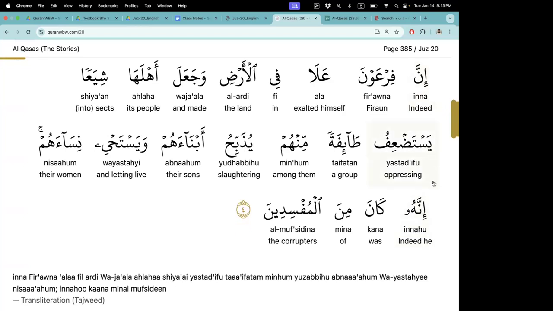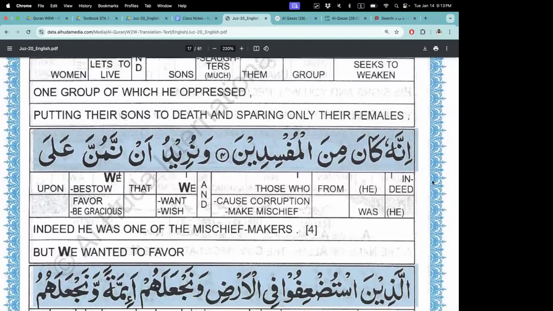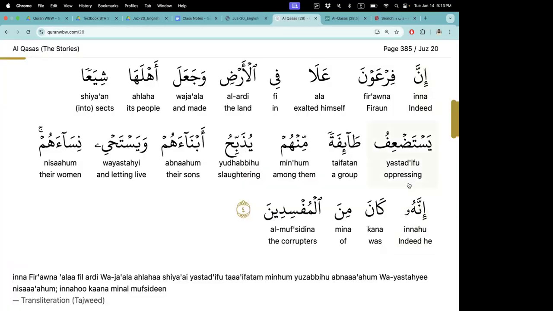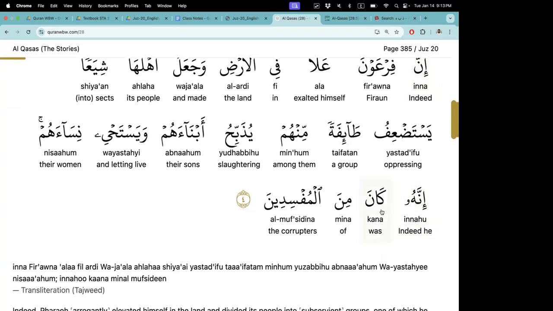You could say, who that? Sorry. Innahu is actually two words. The first word is inna. The second word is hu. Indeed, he. Indeed, he. Kana means was, in the past tense. Min, this is a mina, but the fatha is for joining the two words. It's a pronunciation reason.